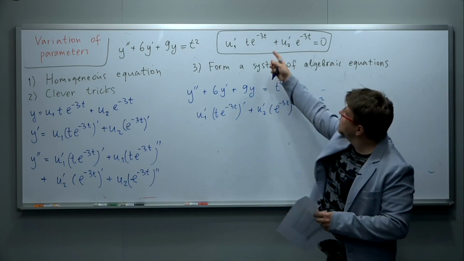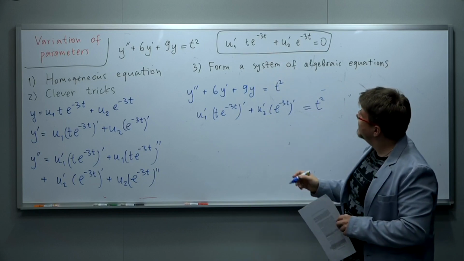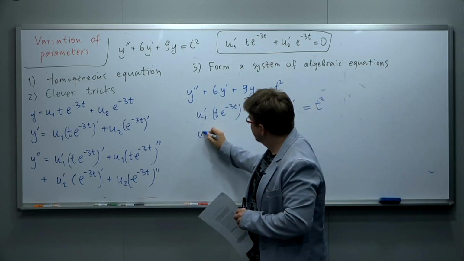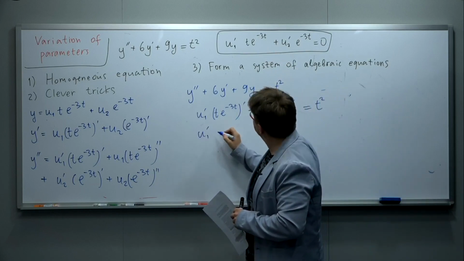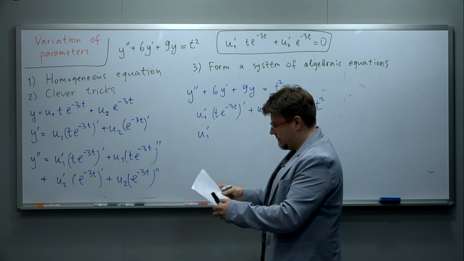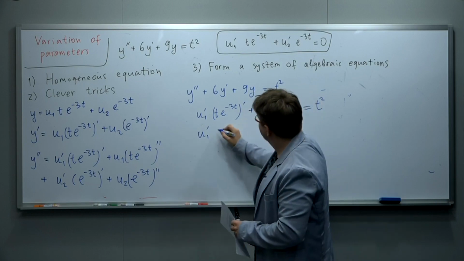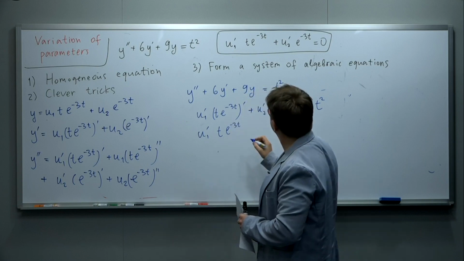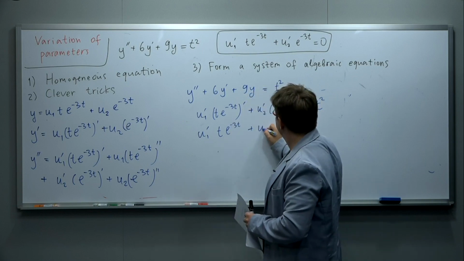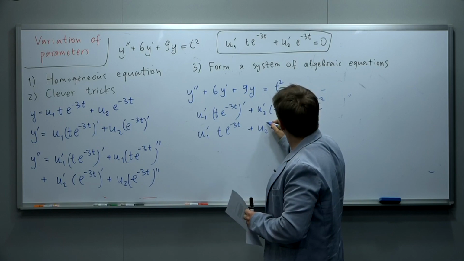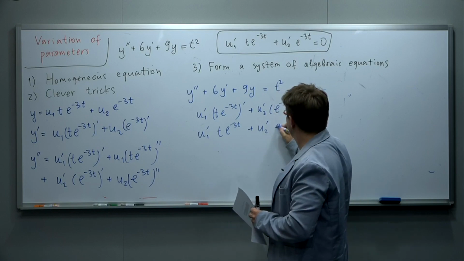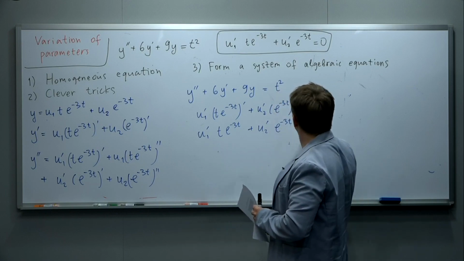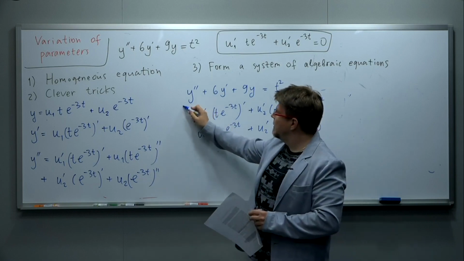Well, at the same time, recall that we have this equation, so u1 prime times t e to the minus 3t plus u2 prime times e to the minus 3t is 0.